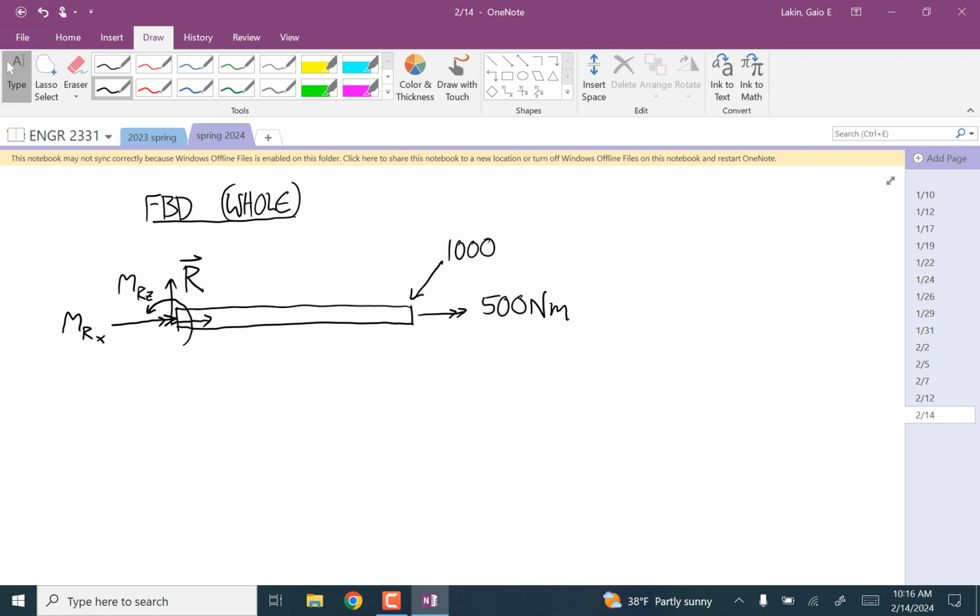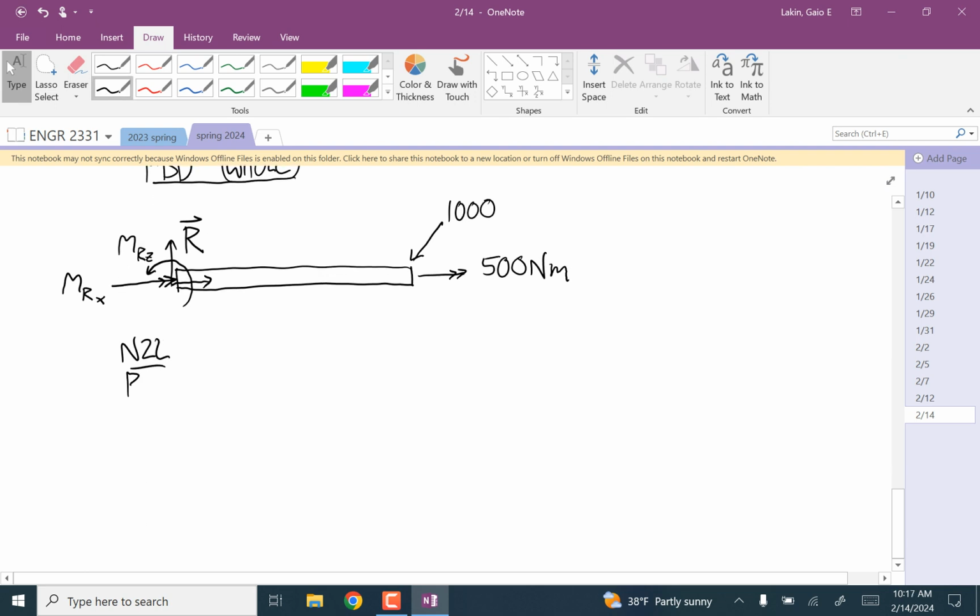And now we're going to calculate those. I'll do Newton's second law first. So we have Rx, Ry, plus this force, which is negative 707.1, negative 707.1.